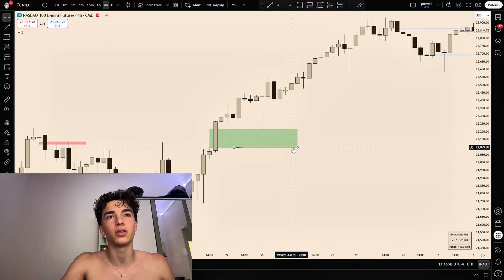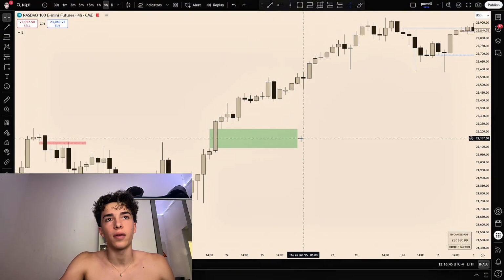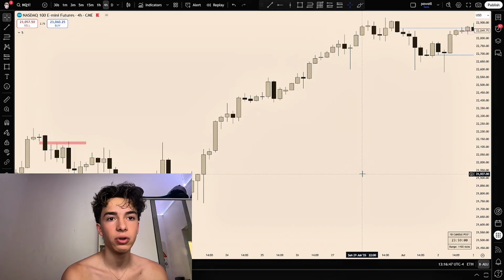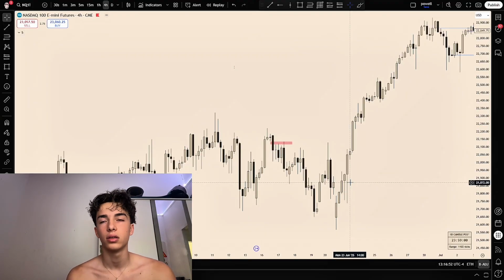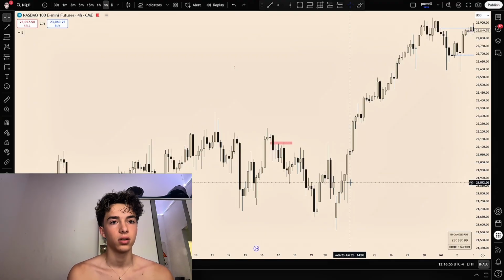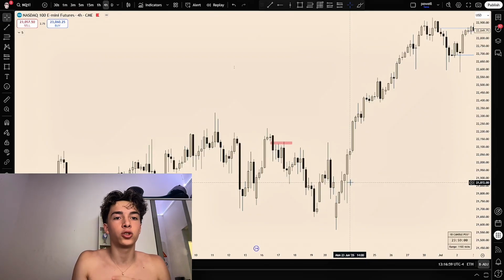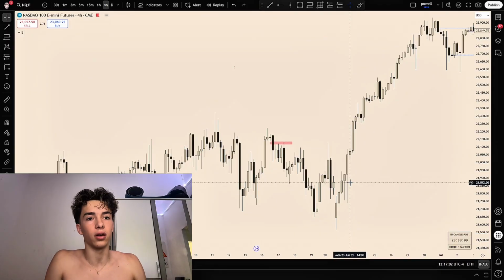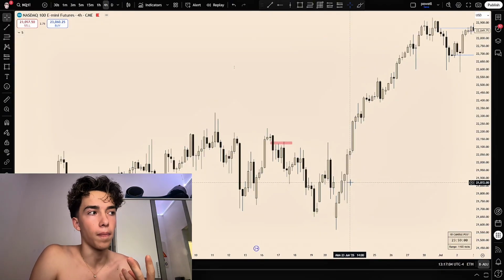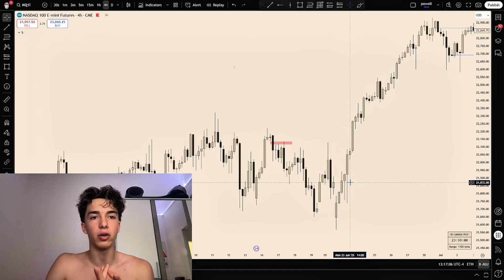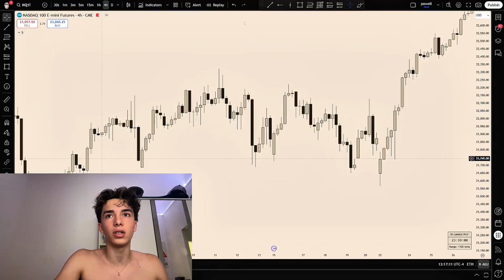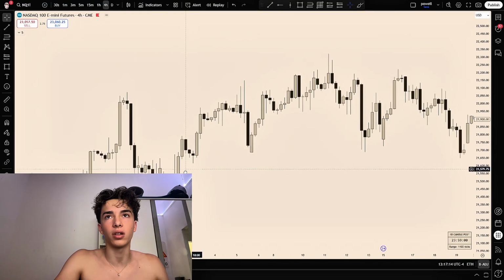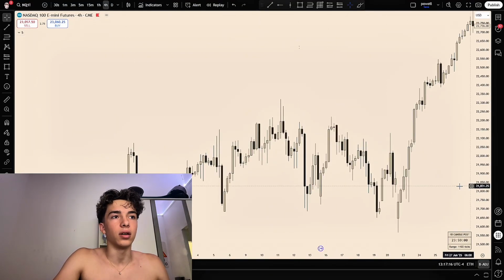If we got a change in state of delivery, or another fair value gap aligned, a wick, whatever, align as many concepts as you can at the same level and choose the best out of the two entries of the fair value gap. That's very easy. We see this happen a lot.